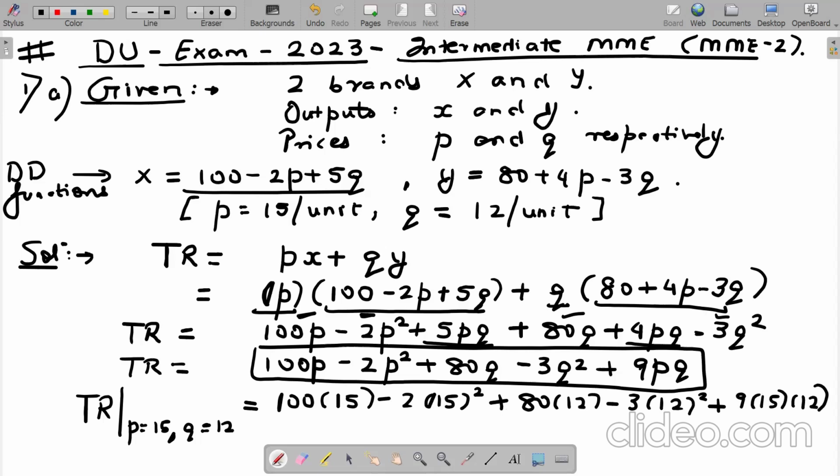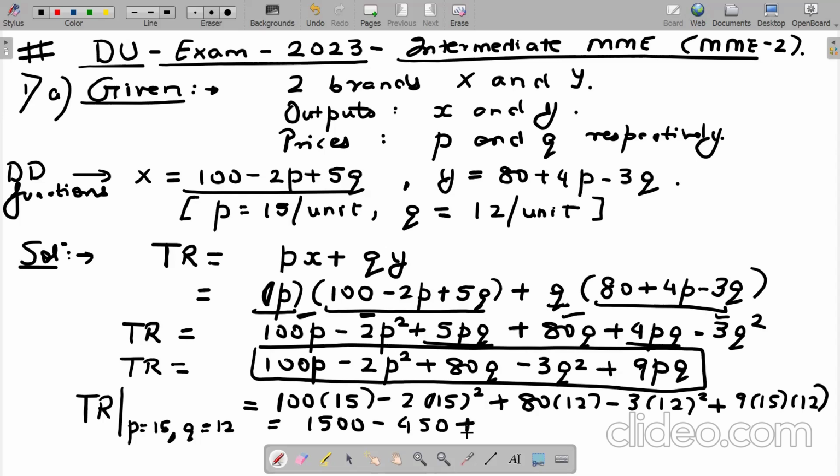Okay, so when you put all these expressions, it's going to be 1500 minus 15 square is 225, and let's find this out. So 225 times 2 comes out as 450.